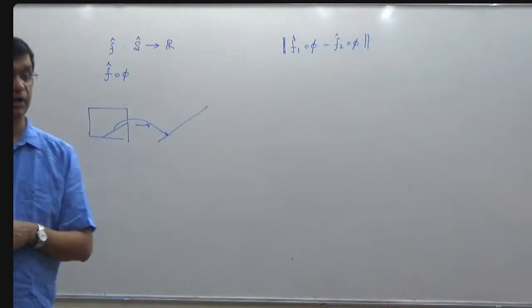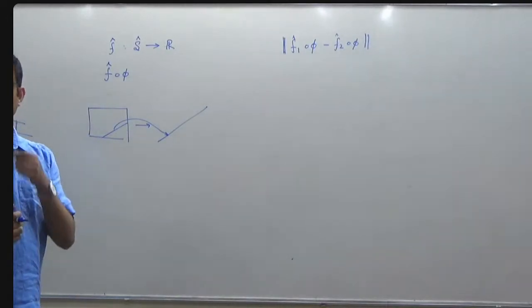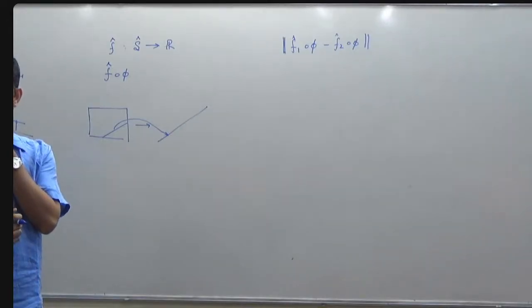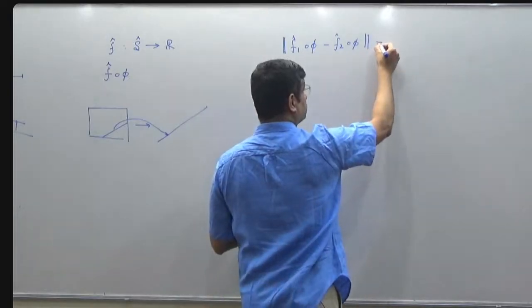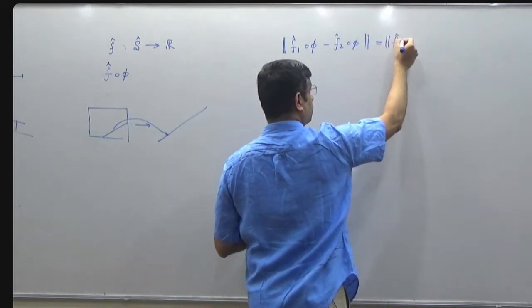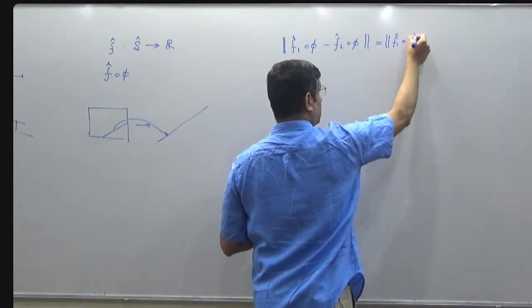Let's think about it a minute, and can someone tell me what this should be? Yes, so this should be the same as what I have in terms of the sup norm in the original space.